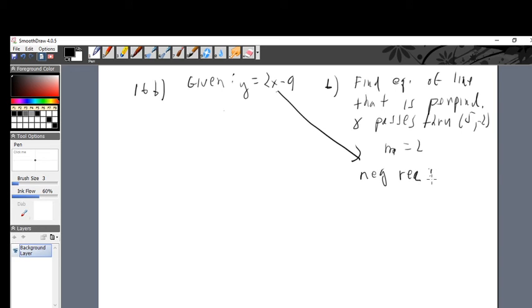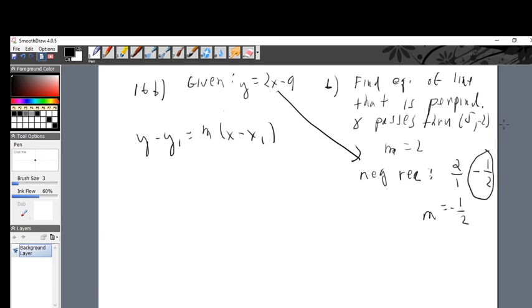How do you get the negative reciprocal? Let me do it again. I take 2 over 1, flip it, it becomes 1 over 2 with a minus. There it is. The slope of the line that's perpendicular is going to be m is equal to negative 1 over 2. I go over here and use my tool, y minus y1 equals m times x minus x1. What do I feed it?